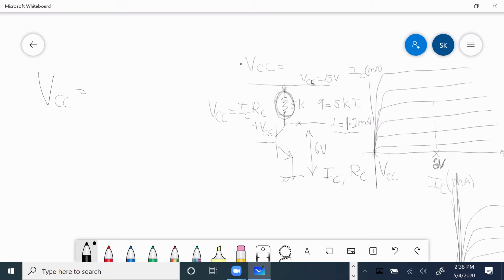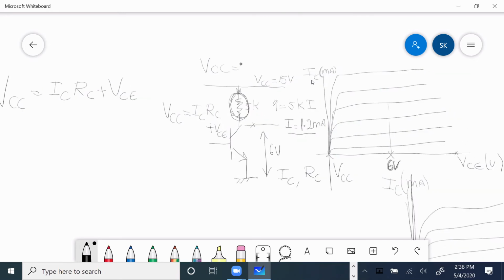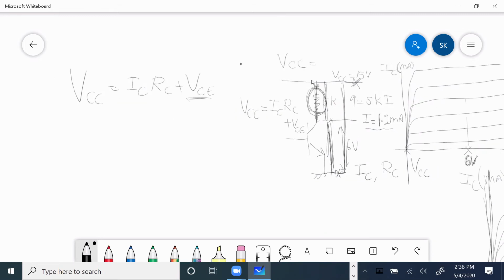VCC equals IC RC plus VCE. Can you see that? VCC, that is this voltage with respect to ground. The whole voltage is this amount of voltage, VCE, plus ICRC, which is that much. That voltage is that voltage.